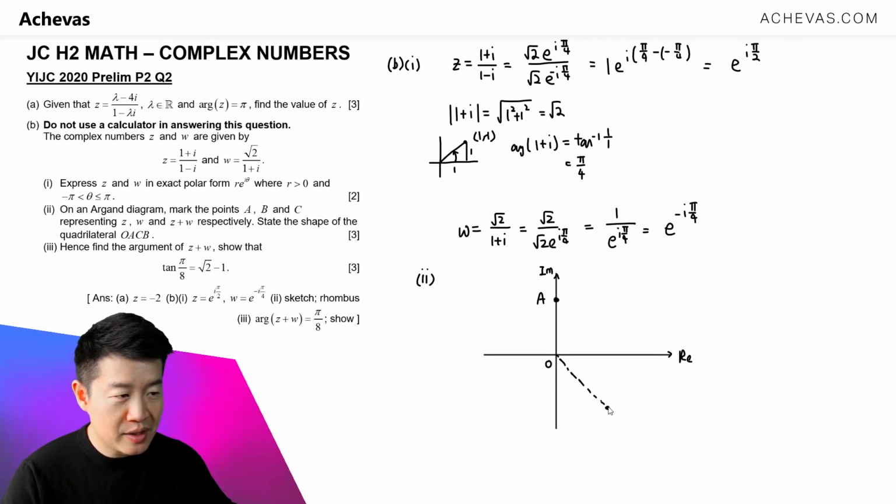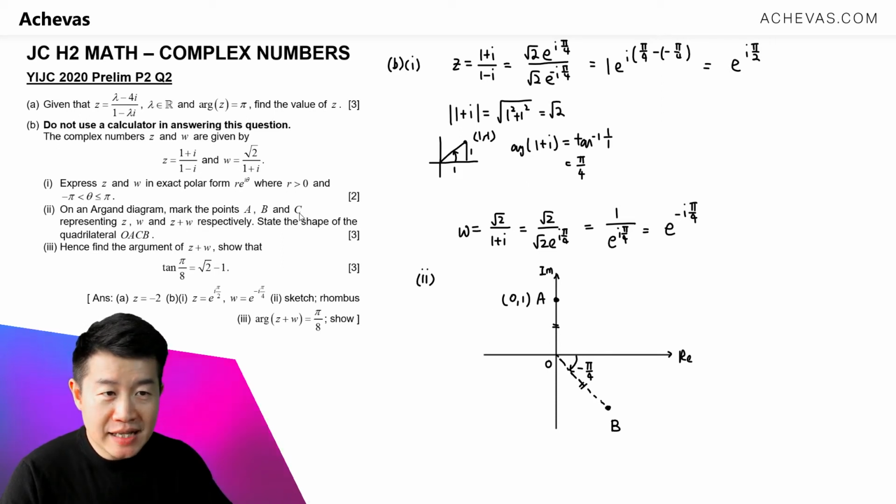So let's say B is here. So this is B, and this angle here will be minus pi over 4. The distance is going to be the same distance as this. So let me mark down this. Okay, so we have this. And this point A here has a coordinate of (0, 1).